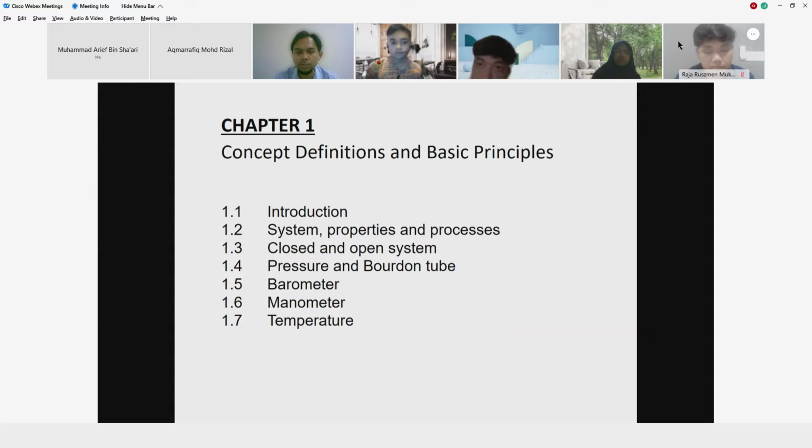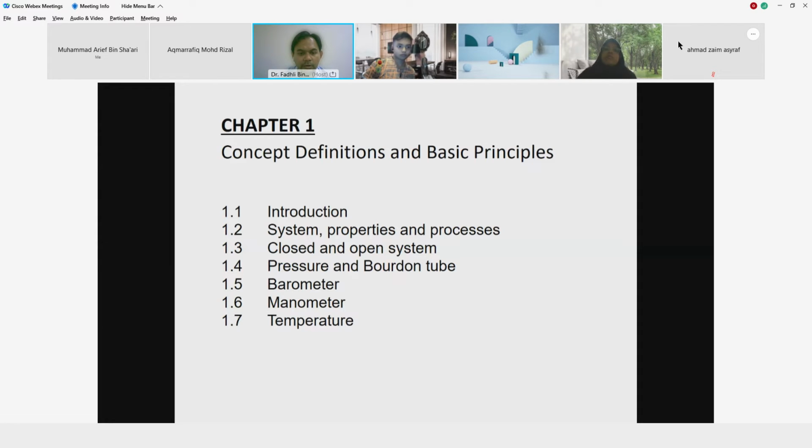First is introduction, then we will look at the system, properties and processes. For the system, there are 2 types, closed and open. Closed and open systems will be discussed in topic 1.3, and then we will look at pressure and Bourdon tube. After that, 1.5, we have barometer and temperature.